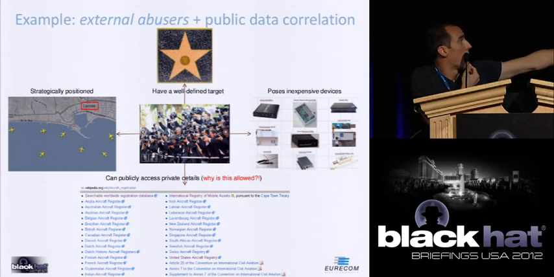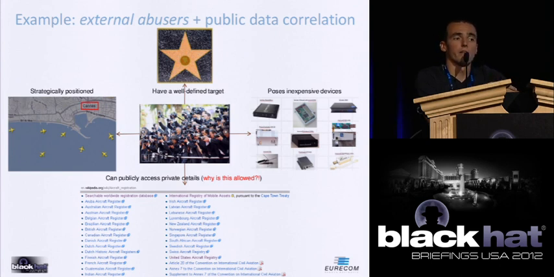And they have access to private details of registration data of aircraft. So if there is a star X who owns a private jet in their own name, you can correlate the address of the aircraft to the owner name.